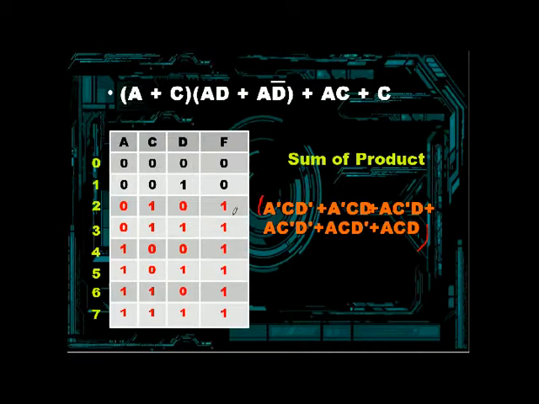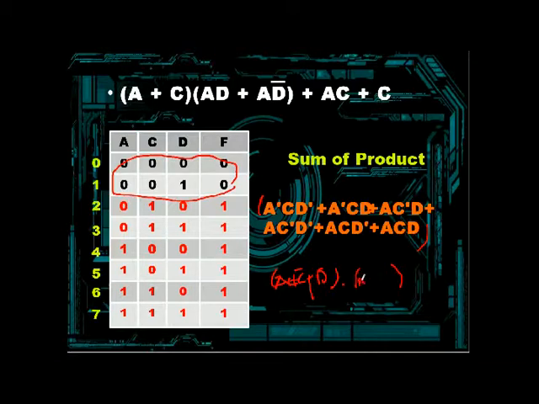How do I get my product of sum? It's going to be this and what? Zeros. And they're going to be ORs with ANDs. This is AND. And what's my OR? It's A not or C not or D not. Same here. What do I have?